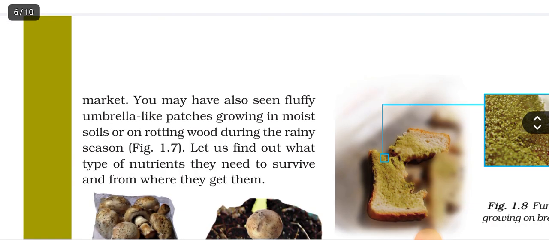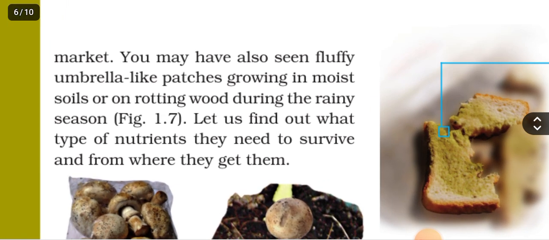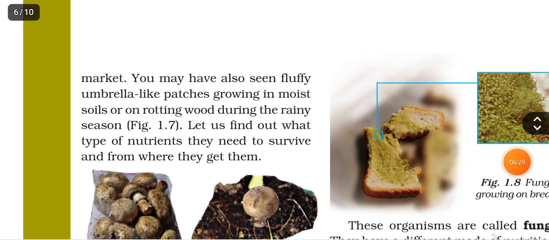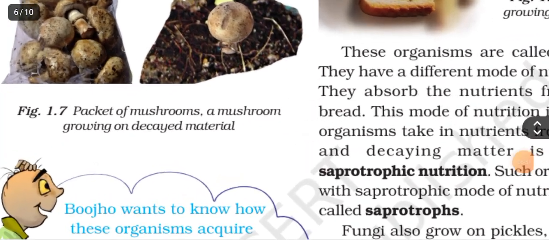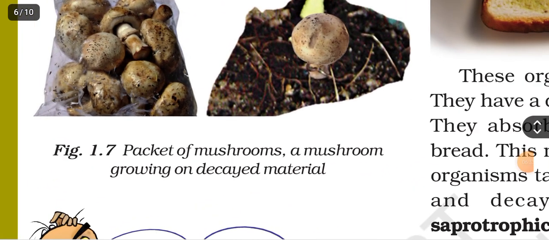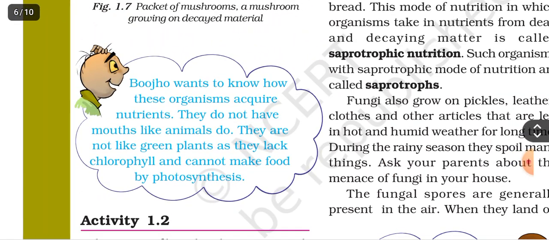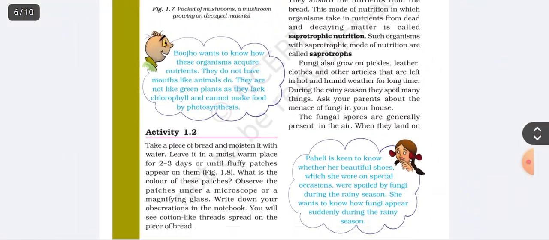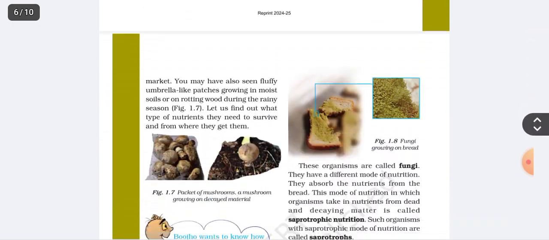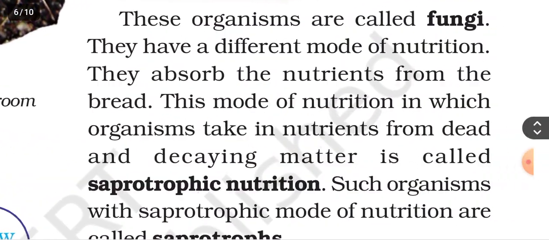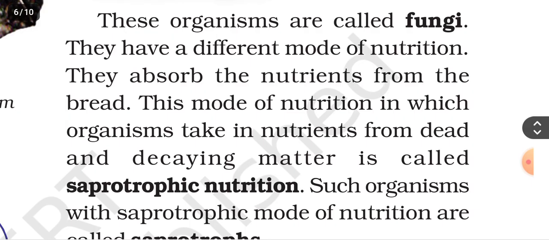You may have also seen fluffy umbrella like patches growing in moist soil or on rotting wood during the rainy season. Mushrooms grow on decayed materials. These organisms are called fungi.